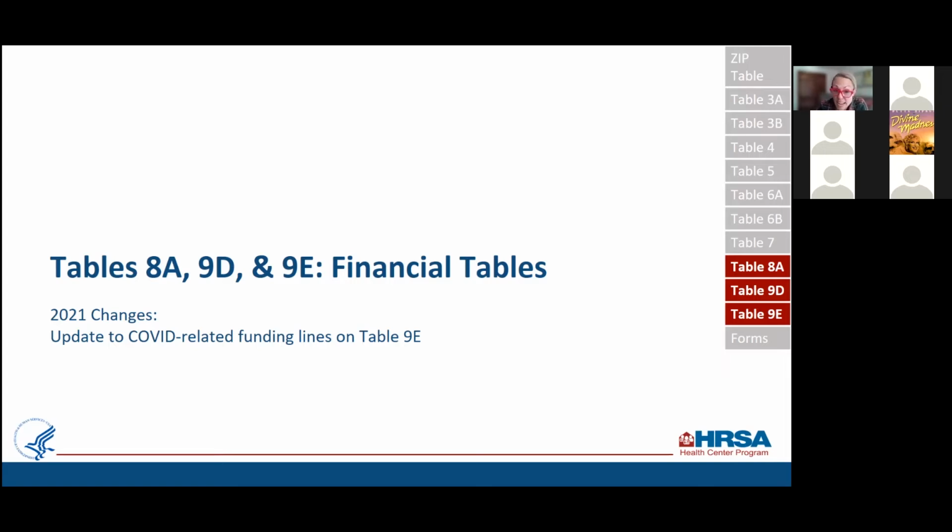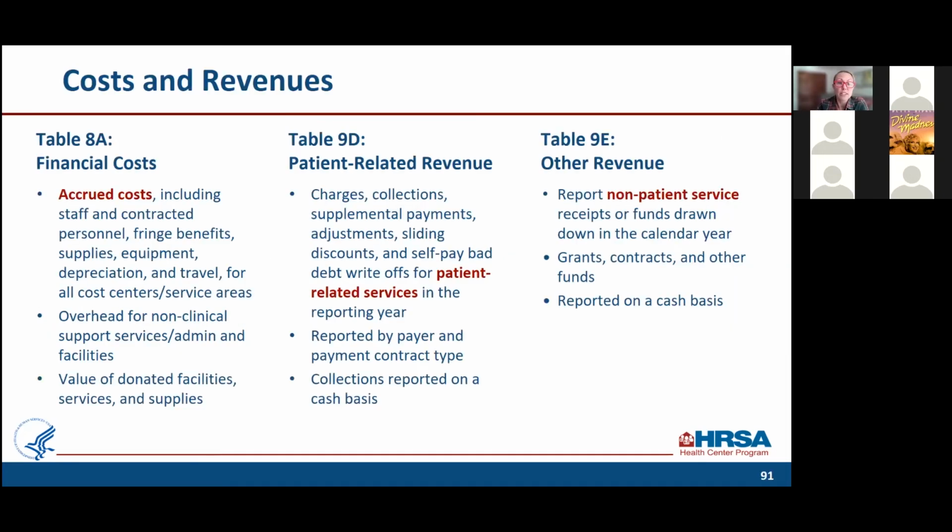Through these tables, you and all audiences of the UDS can understand diversification of funding, dependency on Bureau of Primary Health Care funding, and the degree to which you maximize patient revenues. You can look at competitiveness of costs and overall surplus or deficit. So here's a big overview of the tables we're going to be digging into. Table 8A collects the total costs of all activities attributable to the calendar year that are within the approved scope.